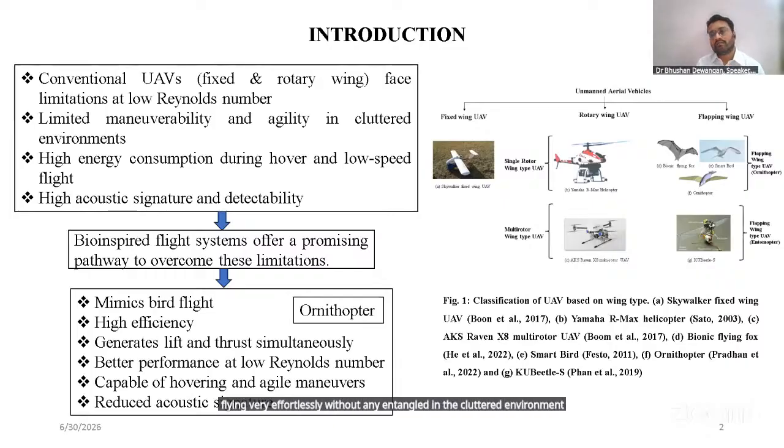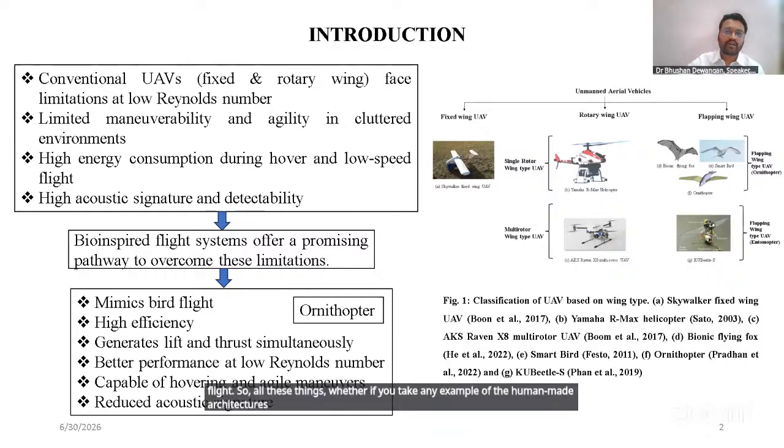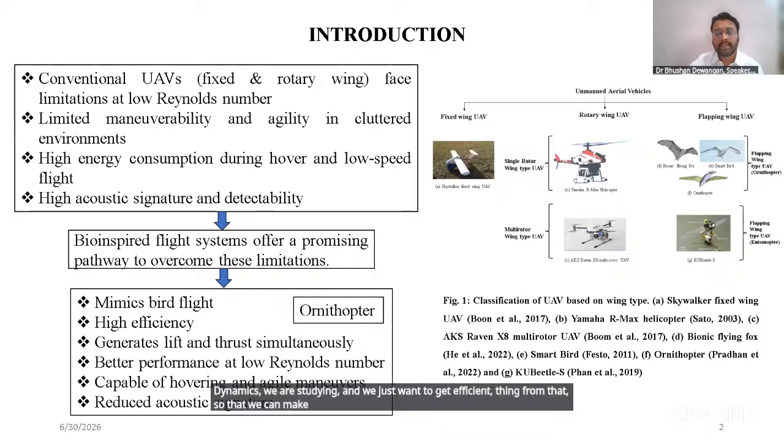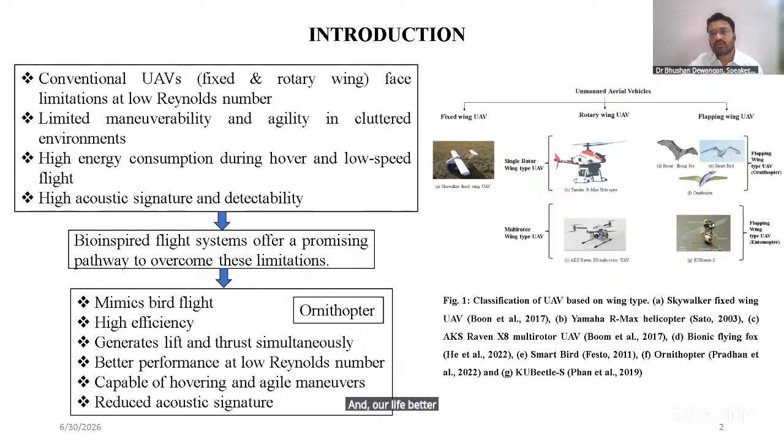For any human-made architecture, we always refer to natural creatures, how they have survived for billions of years and evolved so much that we study their dynamics, and we want to get something efficient from that so that we can make our society and our life better.